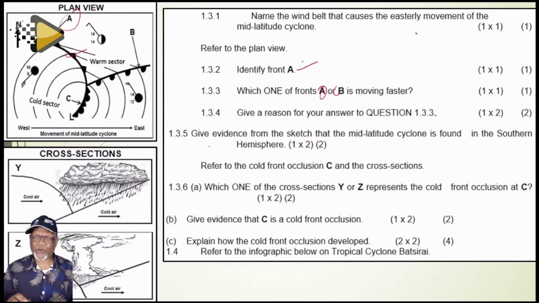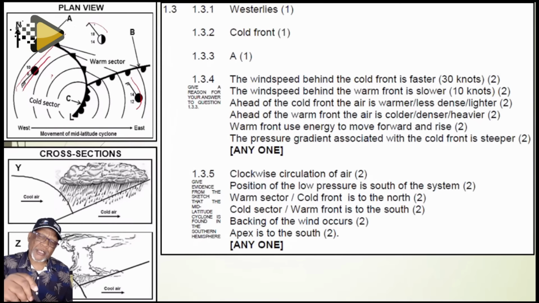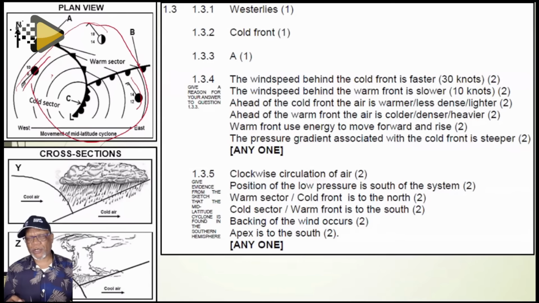And now let's move to 1.3.5. Give evidence from the sketch that the mid-latitude cyclone is found in the southern hemisphere. There is clockwise circulation. You can see air coming from that direction, and that direction. When you join all these directions, it shows that there is clockwise circulation.